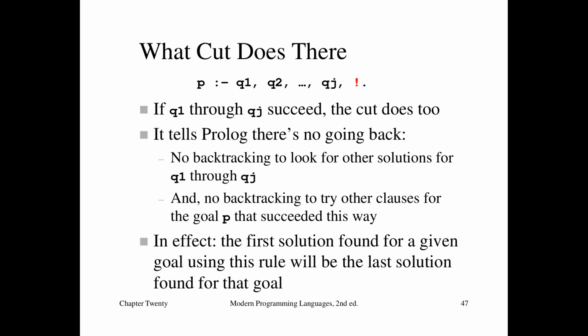So if it finds one succeeding approach, it's done. In other words, the first solution found for a given goal using this rule will be the last solution found for that same goal. So cut just gives us a way to reduce processing and move forward without having to test if there's more than one possible answer.